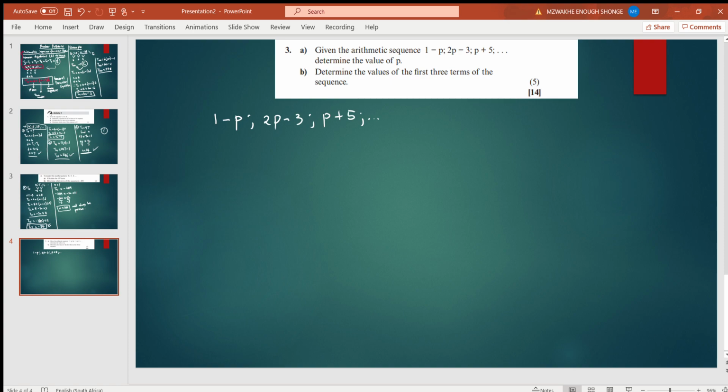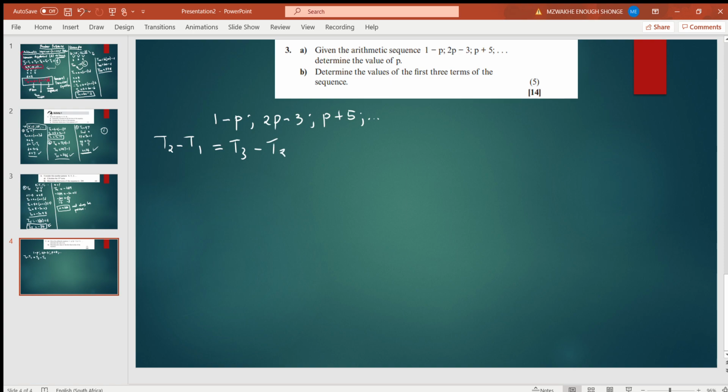Now you're told that this is an arithmetic sequence, which means t2 minus t1 must be equal to t3 minus t2.